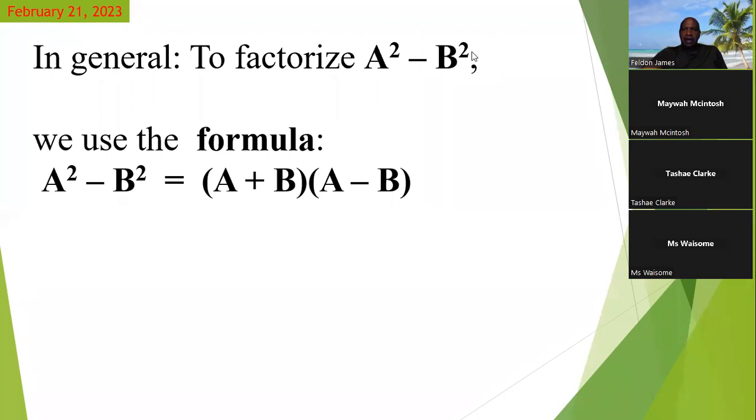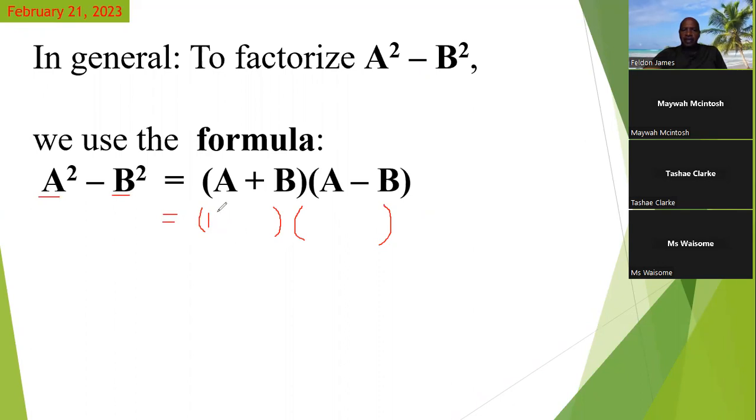Now, to look deeper at this formula, if we look at the brackets, all we're doing here to factorize a difference of squares is to simply open the two brackets. We simply take the base of the first and the base of the last and put them in the two brackets.